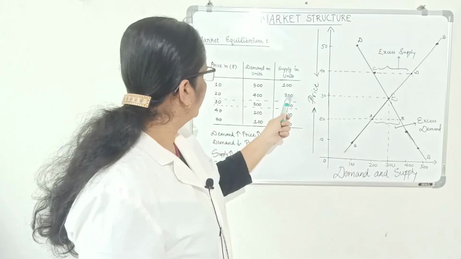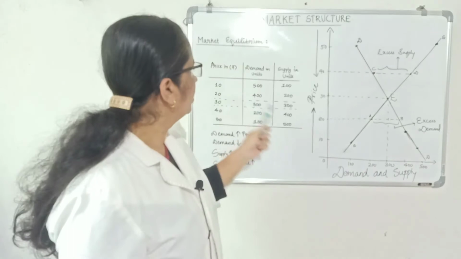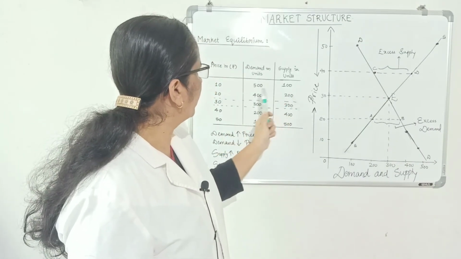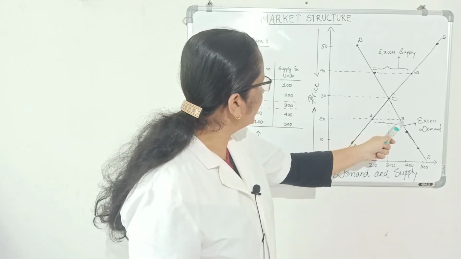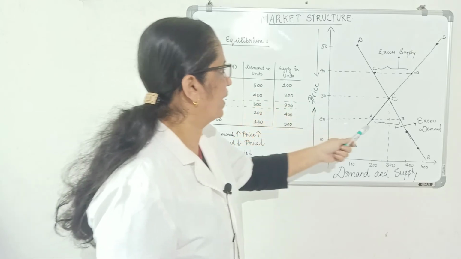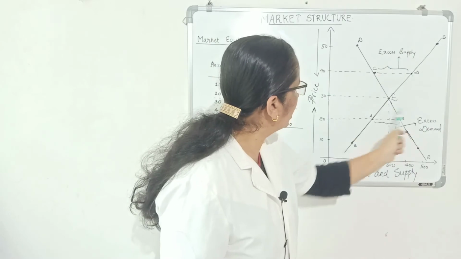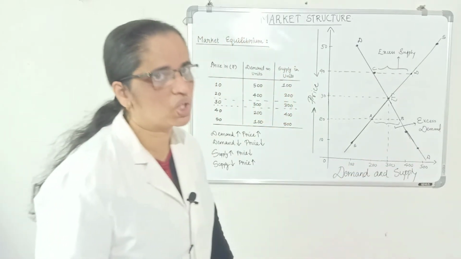Demand is 400, right? Supply is only 200, demand is 400. So which is greater? Demand is greater than supply. That is known as excess demand. That we marked here. This AB distance shows excess demand.